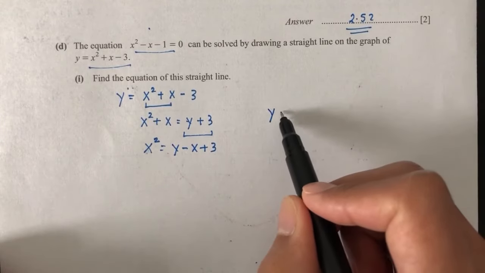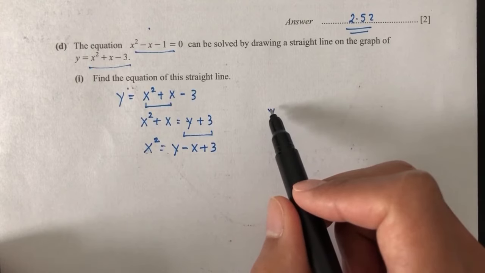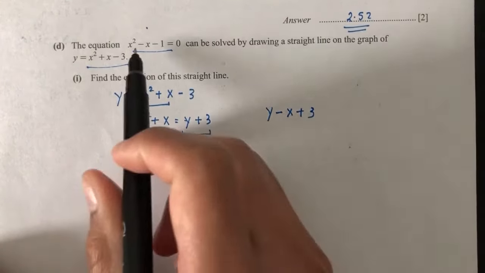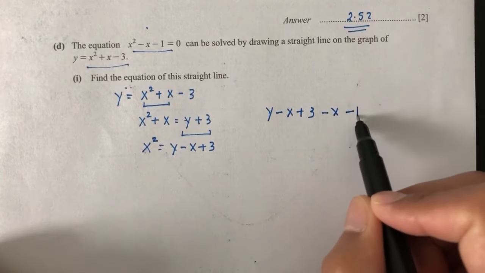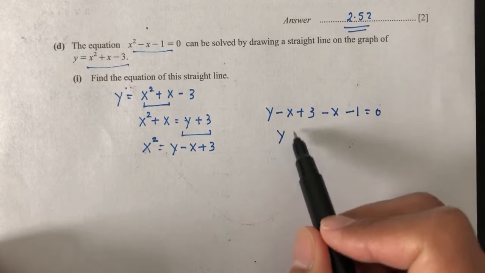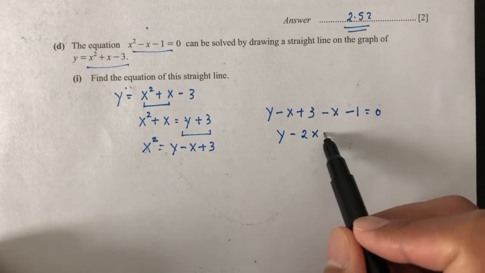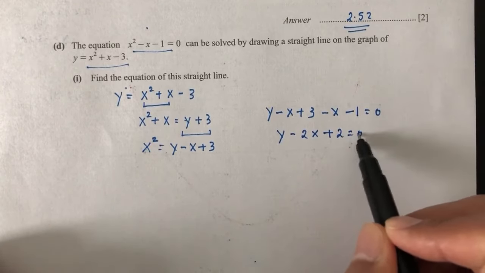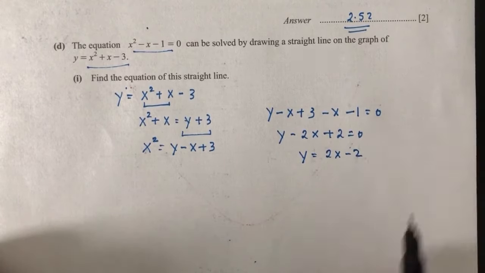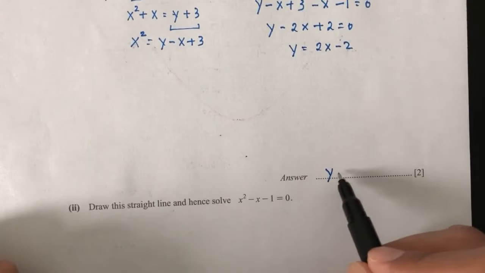We have y minus x plus 3, then minus x minus 1 equal to 0. So it becomes y minus 2x plus 2 equal to 0. So the equation will be y equals 2x minus 2. That is the equation of the line that we have to draw.